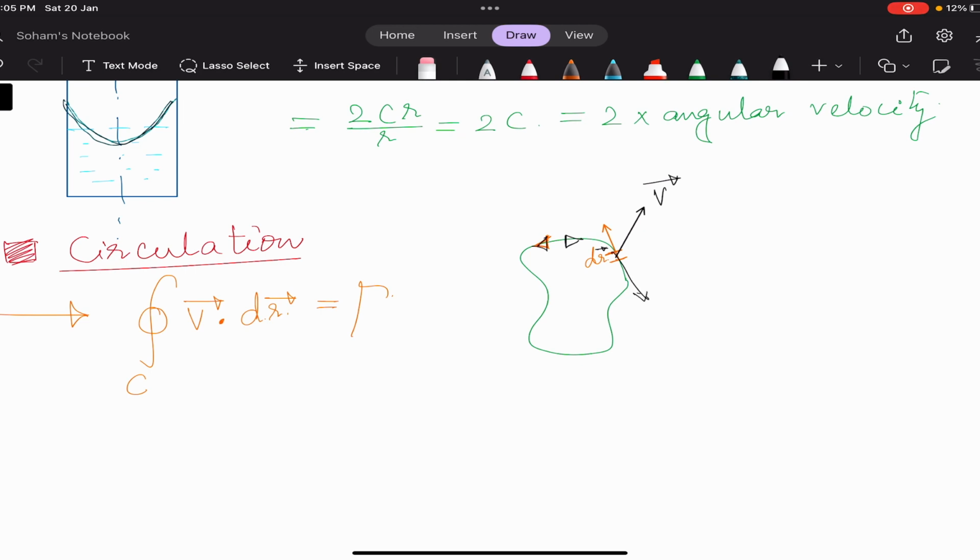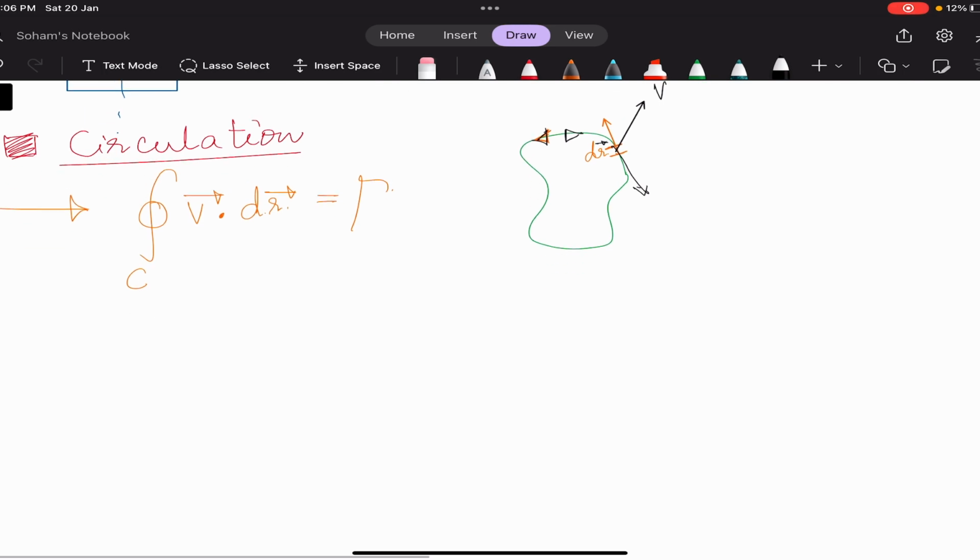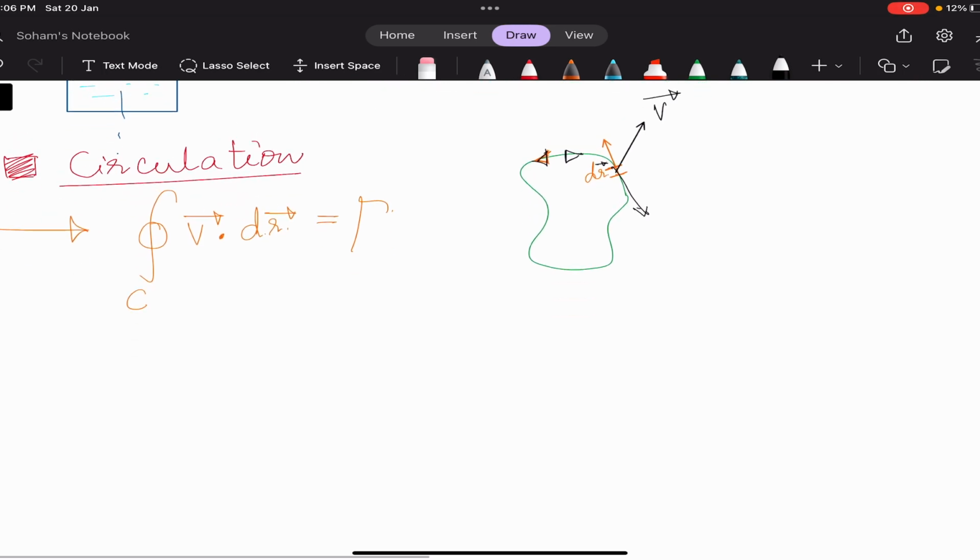But if you travel in this direction, it will be positive. Mainly the magnitude of circulation is the important part, and if you maintain a convention throughout the analysis, that is enough. So v dot dr is called circulation.